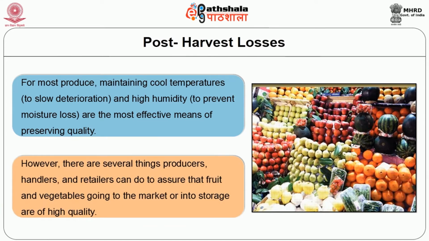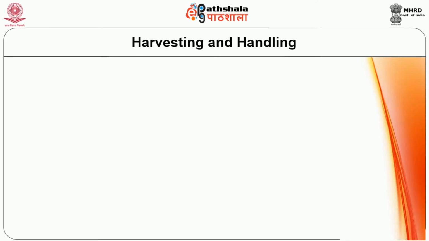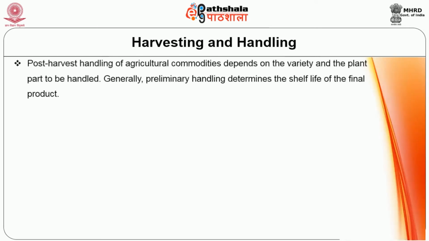However, there are several things producers, handlers and retailers can do to assure that fruit and vegetables going to the market or into storage are of high quality. Let us discuss harvesting and handling of fruits and vegetables.